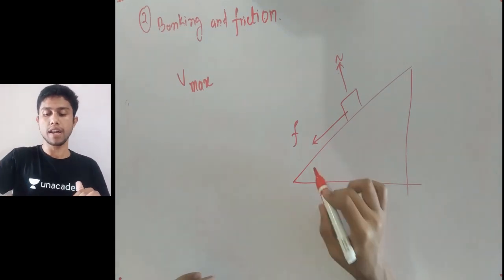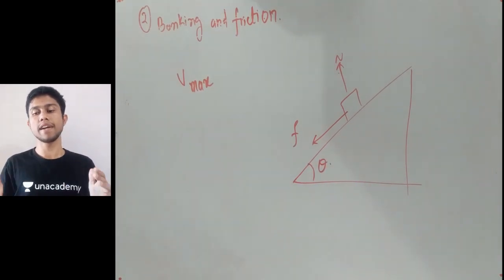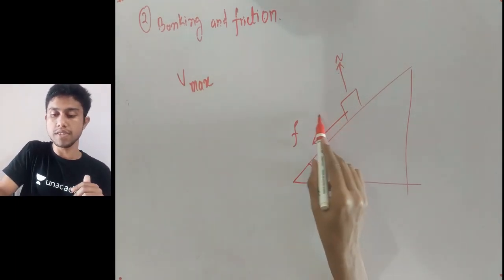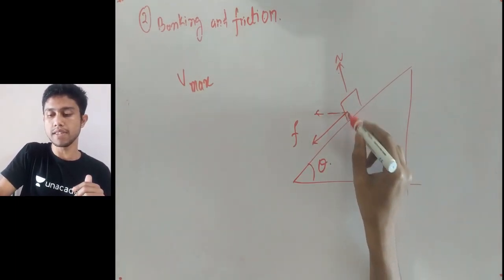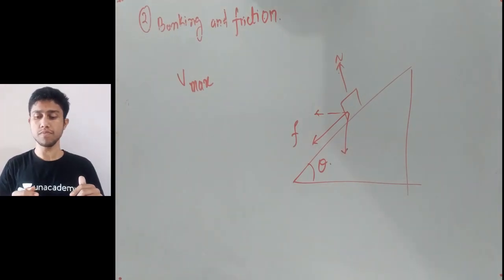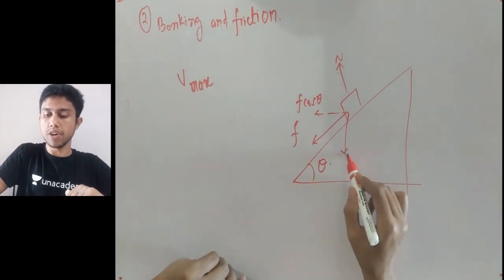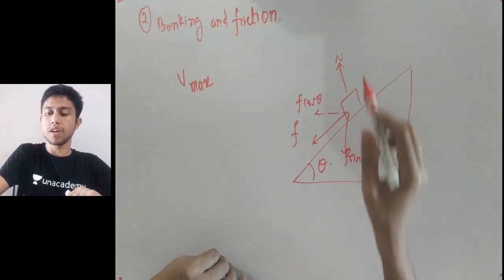Now, I'll again divide the normal and the friction force into two components. So this is one component and this is the other component for friction. This is going to be F cos theta and this is going to be F sin theta.